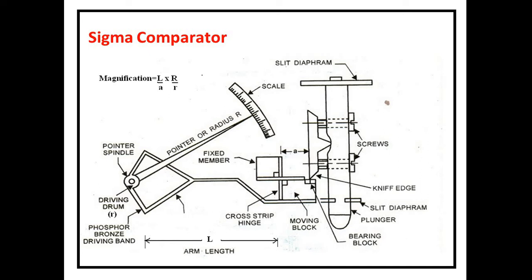The radius of this pointer is capital R. So this provides the second stage magnification. You can see here, capital R divided by small r is nothing but the second stage magnification. Capital R is the length of the pointer, small r the radius of this drum.